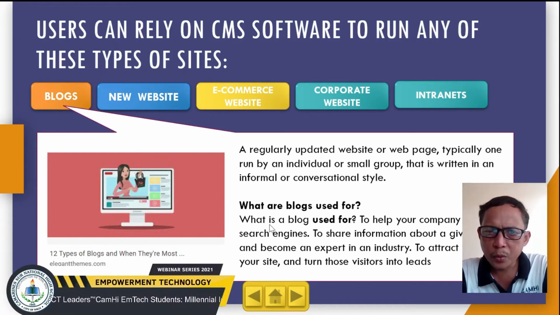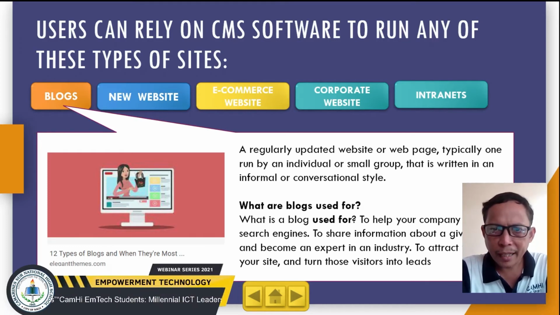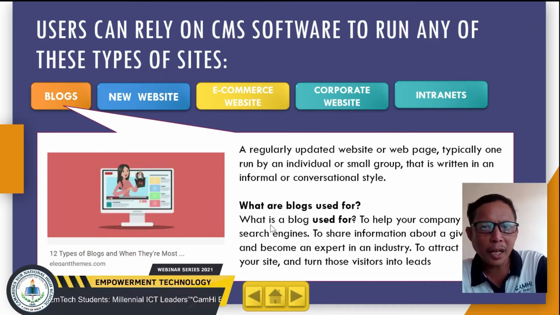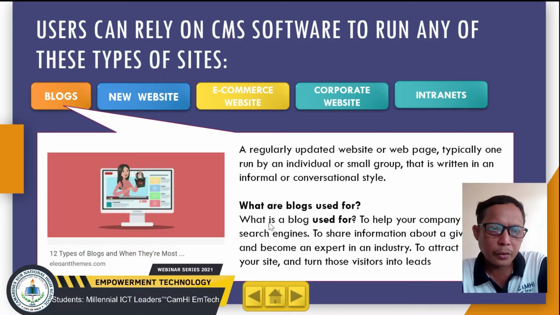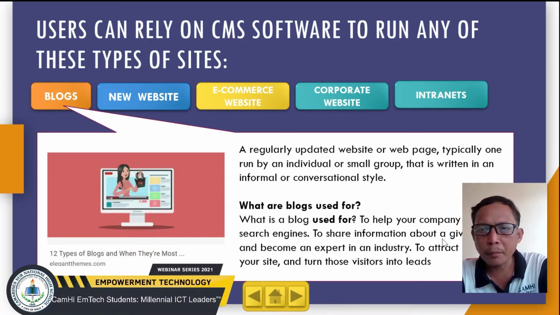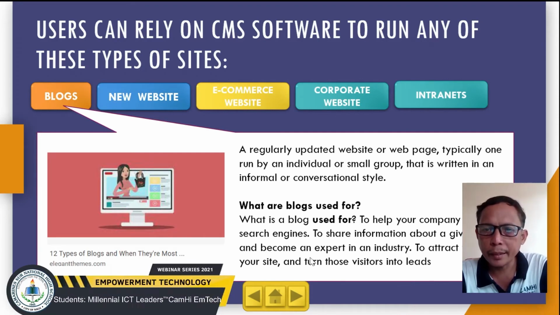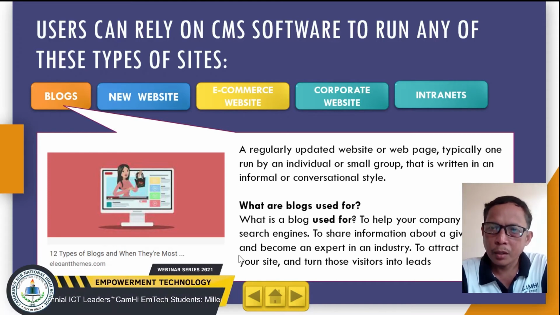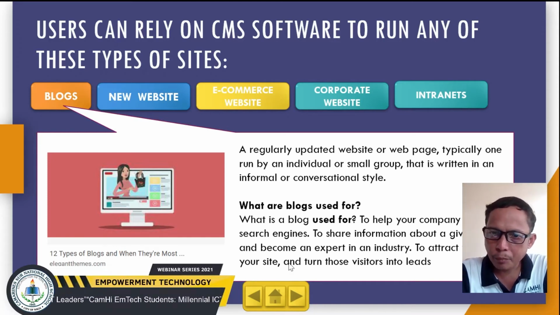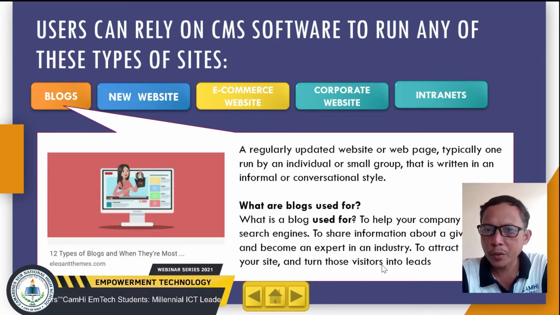So what are blogs used for? So blogs help your company rank on search engines, for example, to share information about a given topic and become an expert in an industry, to attract visitors to visit their sites, and turn those visitors into leads.